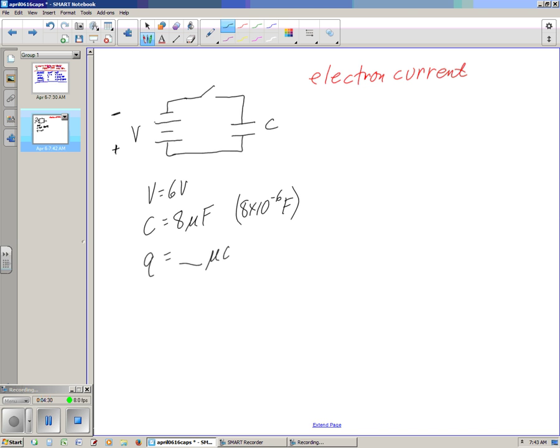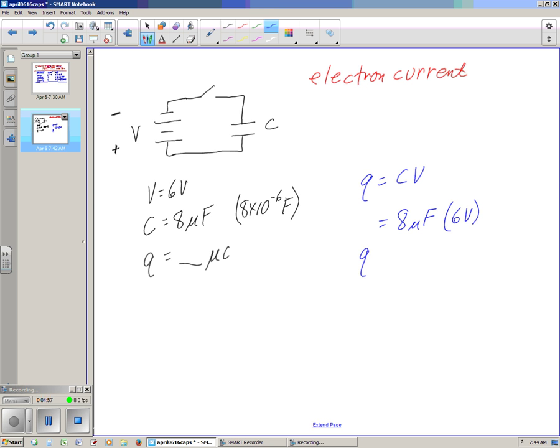All right, to do this, we need an equation that we came up with the other day using our capacitor analogy, and that was Q equals CV. And in this situation, we already know what C is. That would be 8 microfarads. And we know what V is. That would be 6 volts.